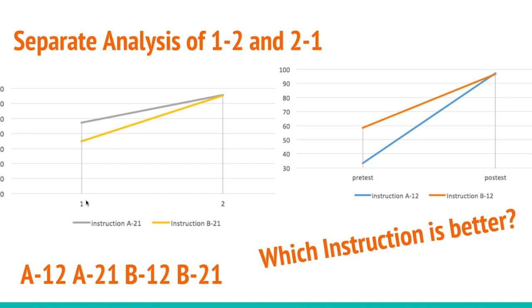In pre-test the performance is different, but they finally reached the same higher point. And the improvement from instruction B is bigger, so maybe B is better. But if we only consider those who have test 2 as post-test, we find the opposite may be true. Here the improvement from instruction A might be bigger, so maybe instruction A is better. So which instruction is on earth better?